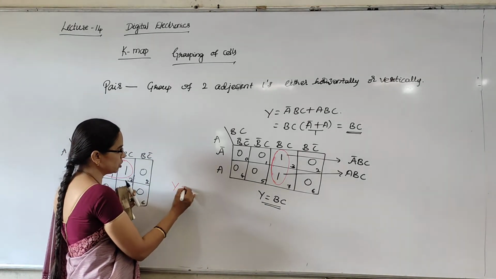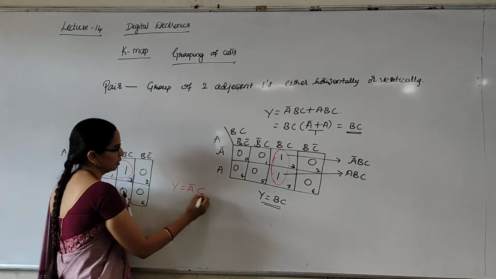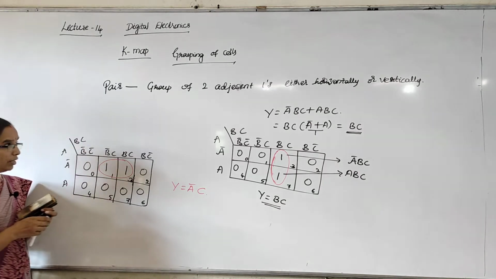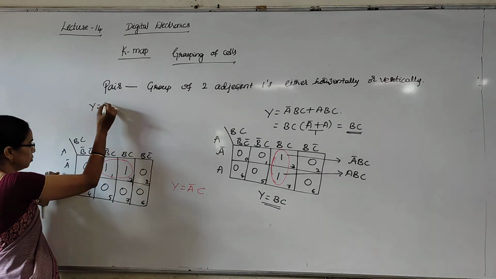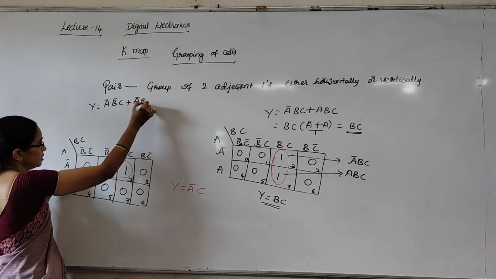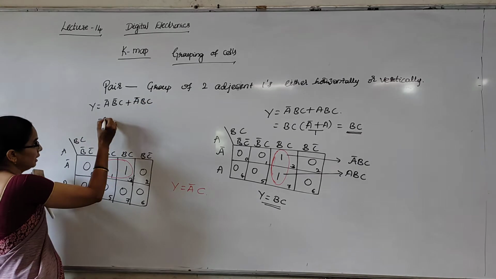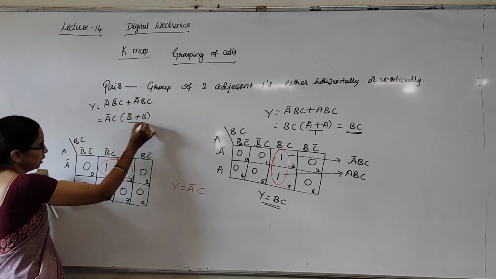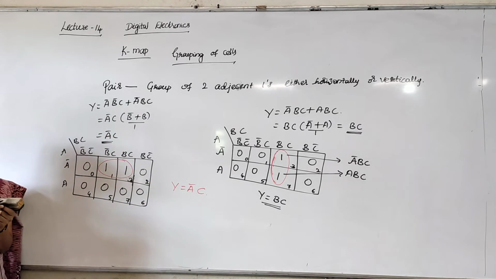So, our expression will be A bar C. If I write in a Boolean expression, this one represents y is equal to a bar b bar c plus a bar b c. In this, if I use Boolean laws, I will take a bar c common, b bar plus b, that will be 1. So, a bar c will be the answer, which matches our answer.